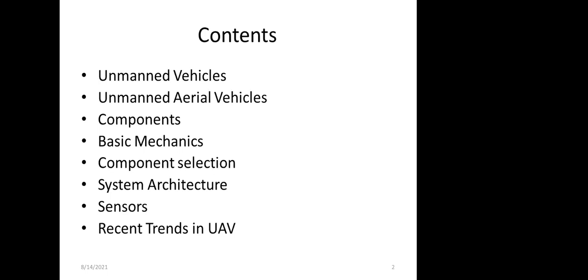After that, we will see the components of a drone, or aerial vehicle, then the basic mechanics in aerial vehicles, how to select the components, the system architecture, and an introduction to sensors. We will not see the sensors in detail, but the minimum sensors required for the drone. After that, we will see the recent trends in UAV.